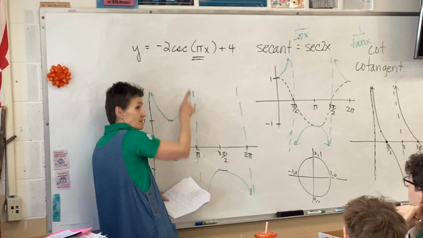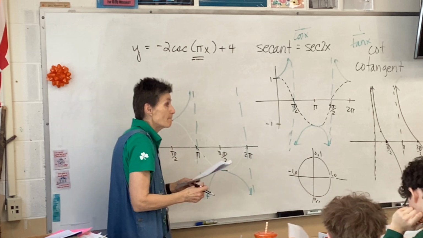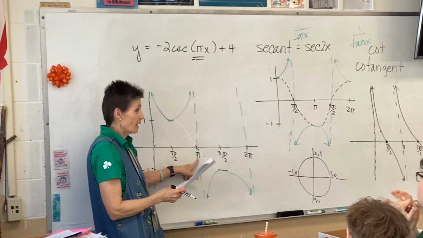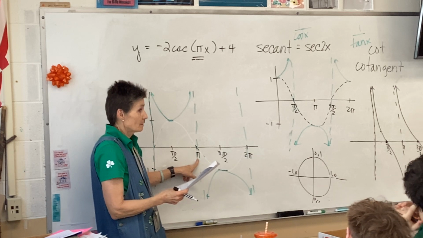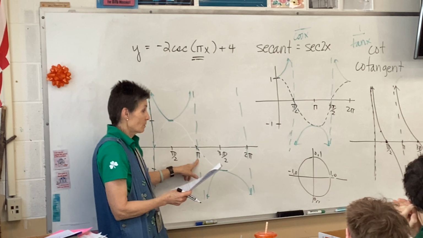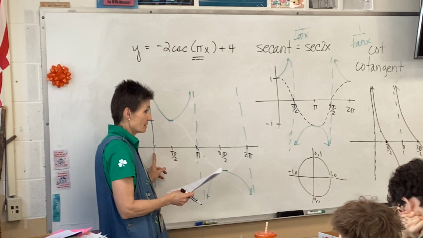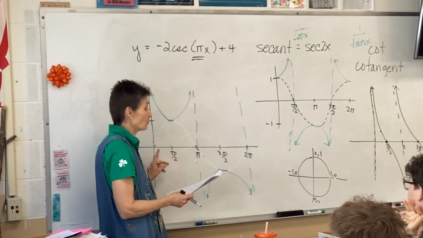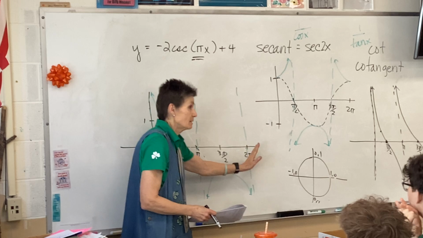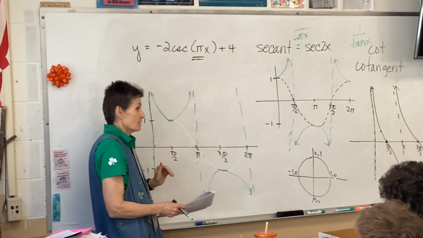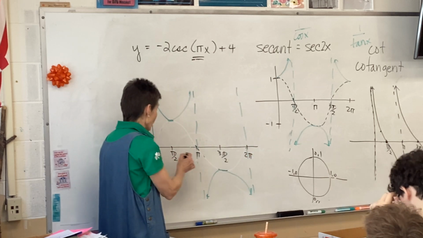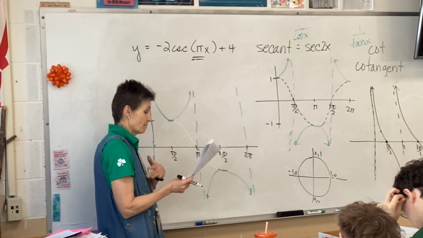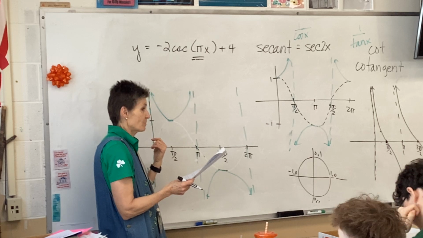What's pi divided by pi? 1. What's 0 divided by pi? Wait, isn't the period 2? We're not doing that, we're saying where are the asymptotes? And I'm dividing by pi, so divide all your asymptotes by pi. Which of those numbers is in there? 1. It's the only one that's there.